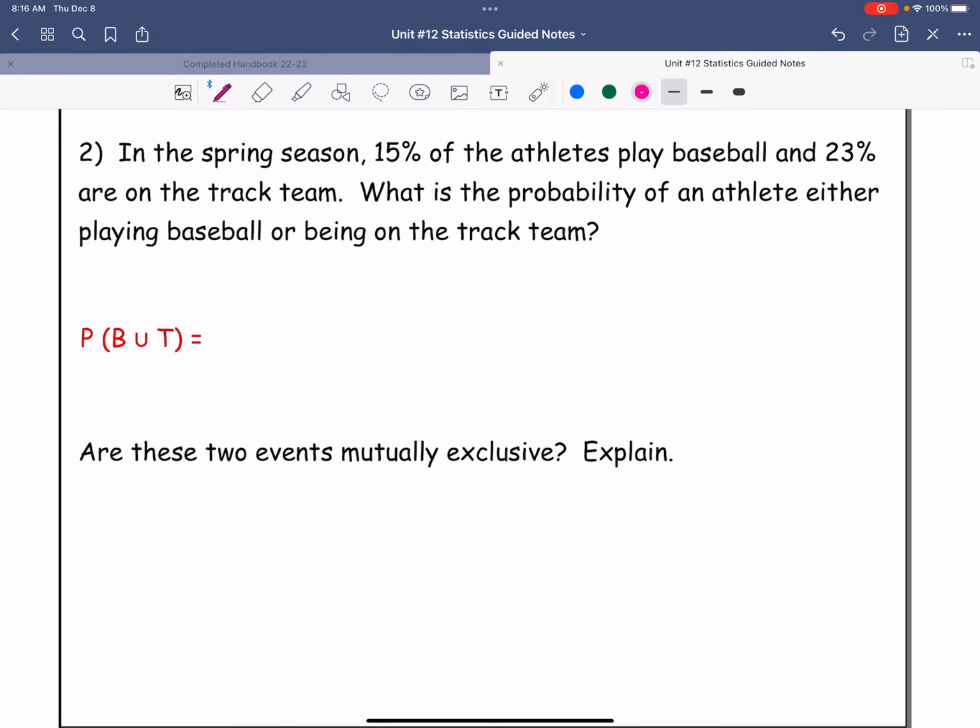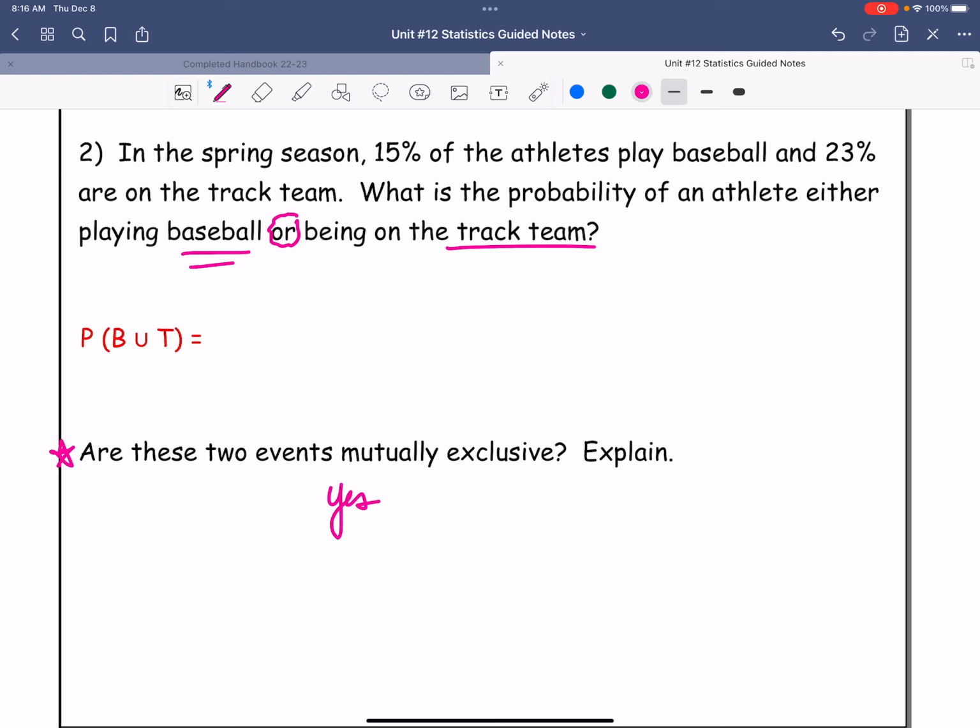In the spring season, 15% of the athletes play baseball, 23% are on the track team. What is the probability of an athlete either playing baseball or being on the track team? So for the probability of either, we're going to ask ourselves, is this mutually exclusive, being on the baseball and the track team? I'm asking myself this question, and I think so.